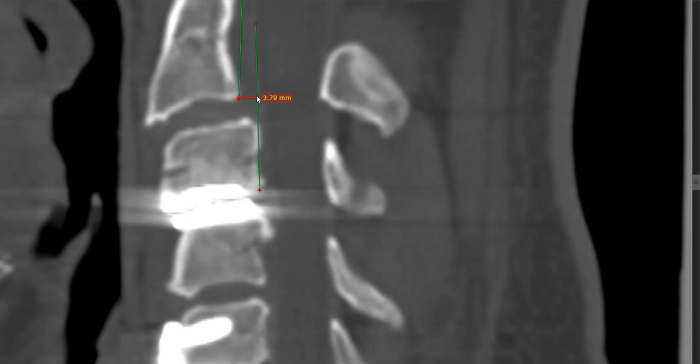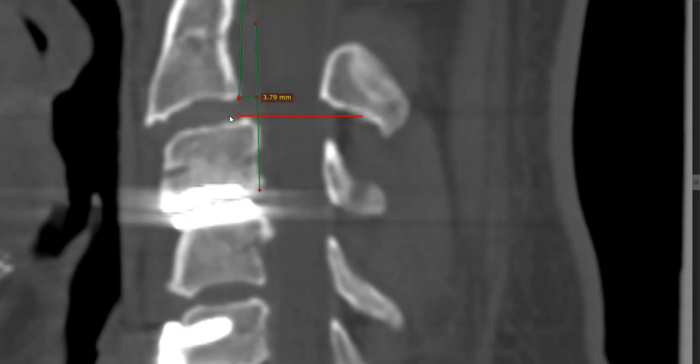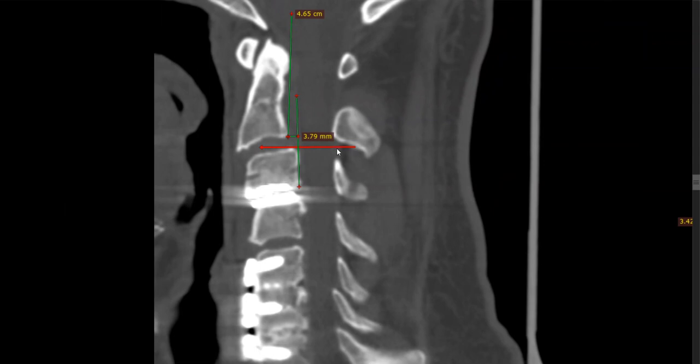So you have anterolisthesis. This is an arrow. So you have a forward head overhang, forward anterior overhang of 3.79 millimeters. That's very large and comes with a lot of symptoms, especially being with C2.